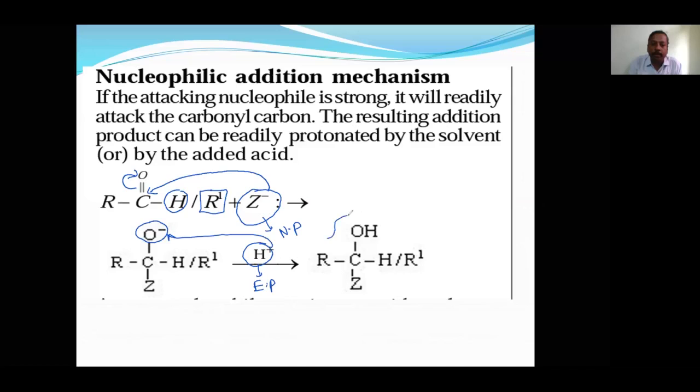So this is the mechanism of nucleophilic addition. In the nucleophilic addition, first nucleophile itself will add, then proton will be added. That is why the solvent or acid. Who will give the proton? Either it can be given by the solvent or it can be given by the acid. I think it is clear to all of you now. Now let's see the next slide.